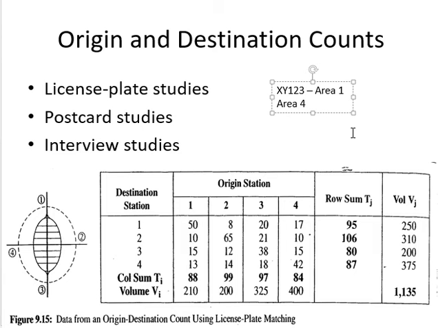Then we have the postcard studies. In postcard studies, you develop a very small questionnaire card, in which one side has the address and the other side has some questions. Two questions obviously are: what is the origin of your trip, and what is the destination of your trip. These cards are distributed to the drivers and travelers who are traveling within your study area.